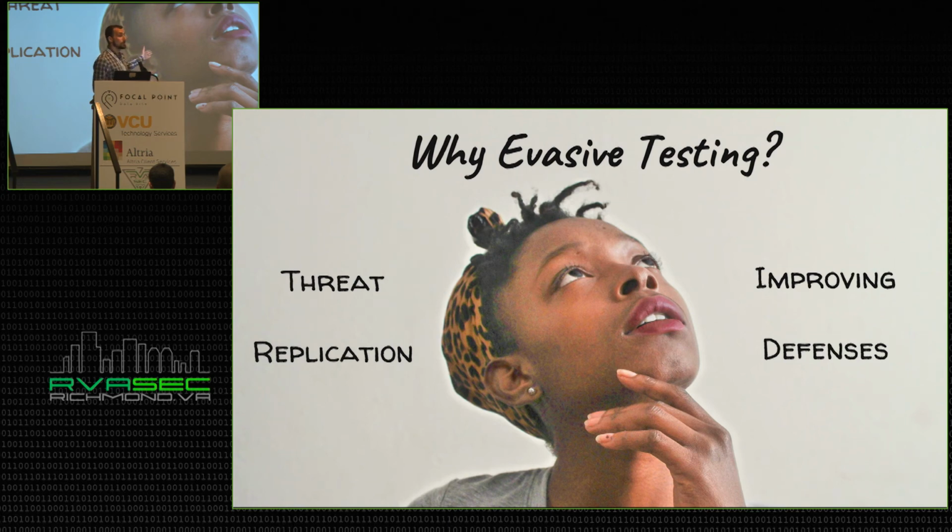And that goes to improving your defenses, because if you're not picking up obvious activity or even slightly evasive activity, then you can go back and review that activity and tune your defenses to pick up this stuff and work with your testing team in order to improve your defenses in that aspect.